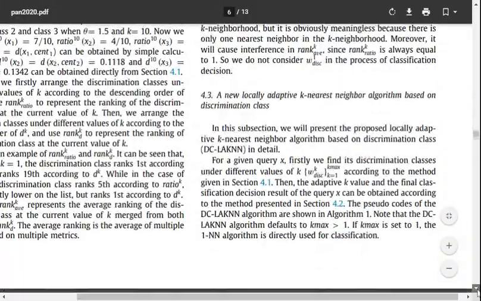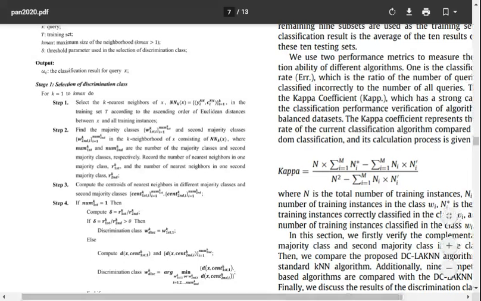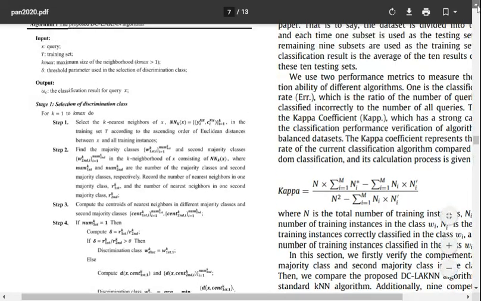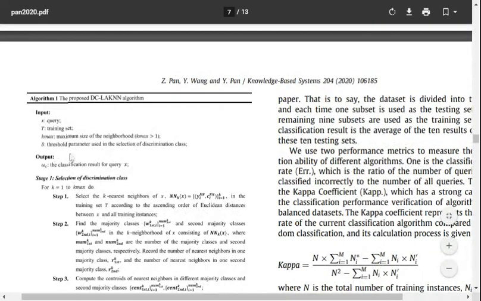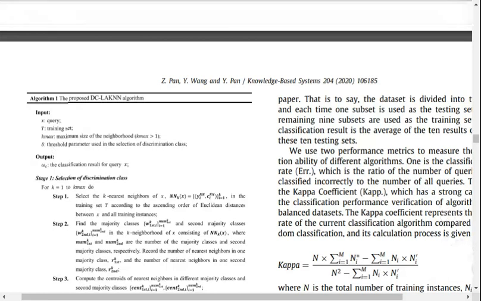And here we have the algorithm. It has two phases. Let's just explain this shortly. It takes X, that is my query example, and the training set. Max, in this paper, K max equals 20, but you can make it equal to any number that you want.